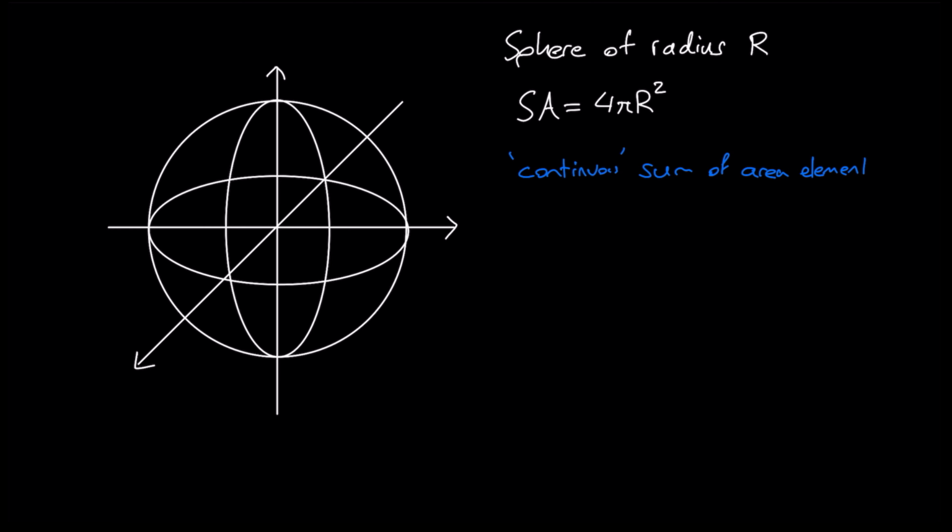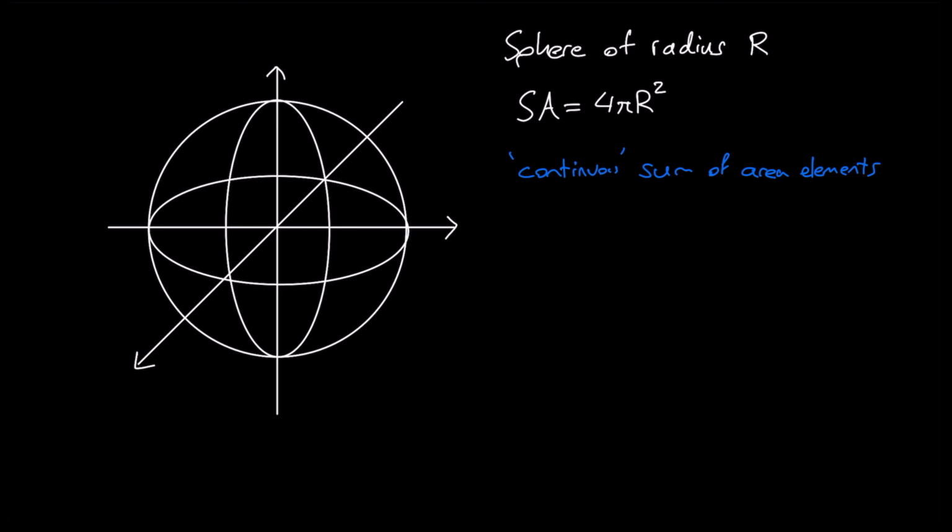And again, for our area elements, we're going to use circumferences as our main tool, as our starting point. But they're going to be a bit more complicated now because we have to take into account 3 dimensions. So it'll be a bit more complicated than the circle example, but we'll go through it and hopefully it'll all make sense.